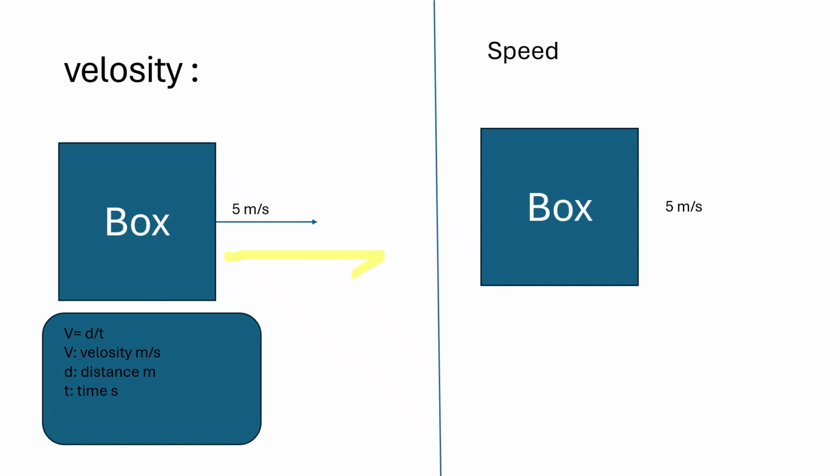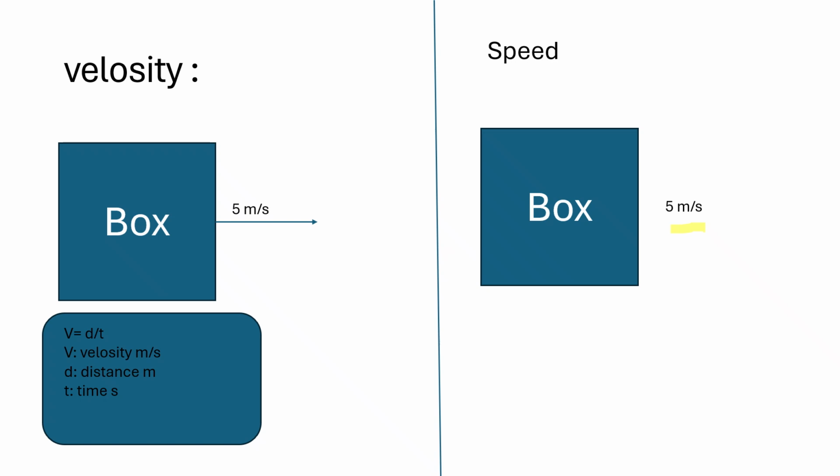But this box just has a value, 5 meters per second. We don't know if it's moving up, down, left, or right. This box we know is moving to the left at 5 meters per second. This is velocity: it's speed, but with a direction.